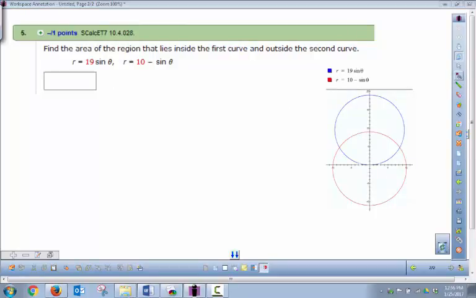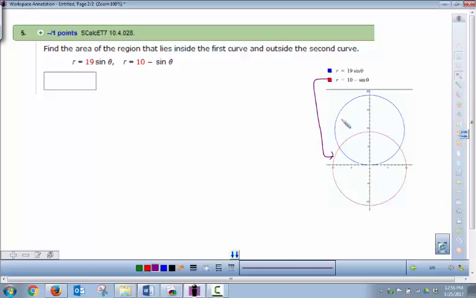So inside the first curve and outside of the second curve. This is the second curve over here, inside of the first one, outside of the second curve, would be this area. That's the area that we want.